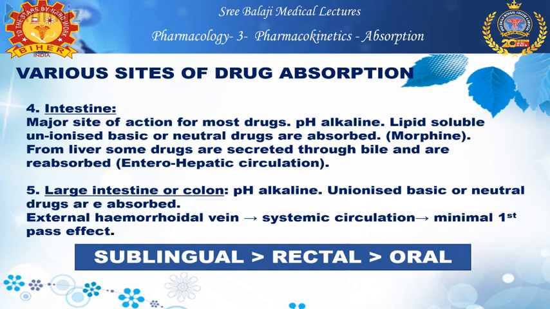So there is minimal first pass effect when you give drugs through this route, because the drugs are directly absorbed into the external hemorrhoidal veins. So absorption is more with the sublingual route, then the rectal route, then the oral route, because of the first pass metabolism that comes into play in oral absorption.